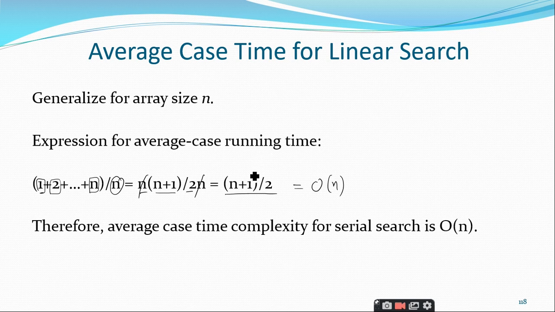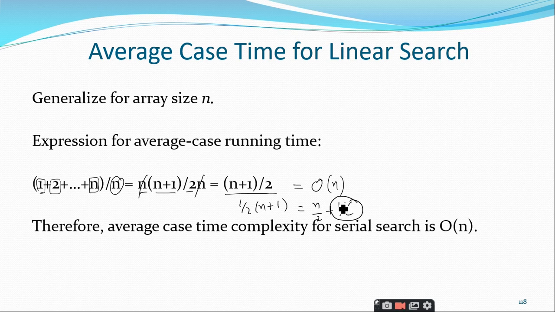How this n plus 1 by 2 becomes big O of n involves a lot of theory in the big O notations, which we are not going to bother about. But all these constants: this can be written as 1 by 2 into n plus 1, or else it can be written as n by 2 plus 1 by 2.